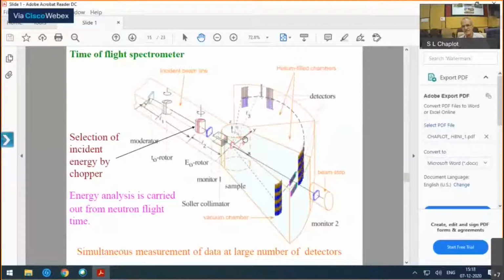And the flight path is measured. You have to pulse the beam. So you have a pulsing system, and then from that point to the detector, you can measure the actual neutron time of flight and determine its energy. So you have a selection of the incident energy, and then you do energy analysis using the neutron time of flight from the sample to the detectors.